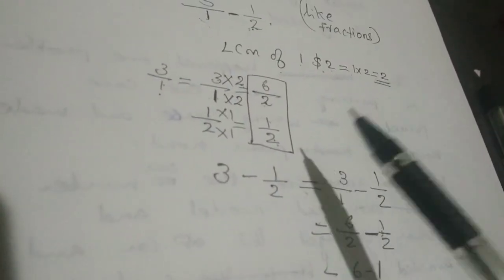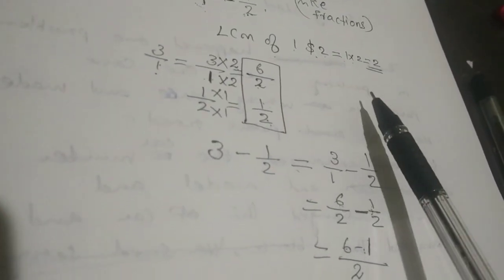Here we found the subtraction by finding the LCM of the denominators. One more method is the cross multiplication method. One example: 2 upon 5 plus 3 upon 7.